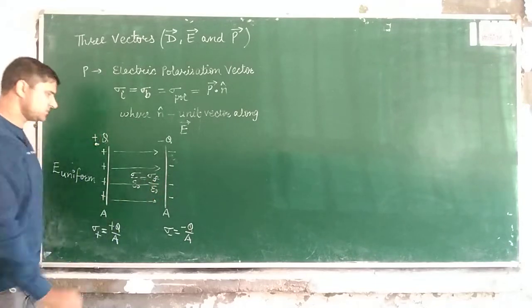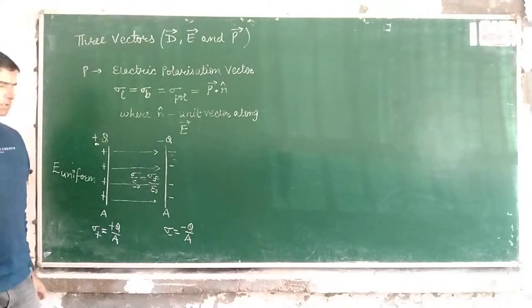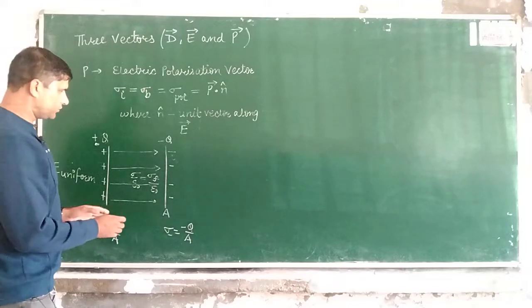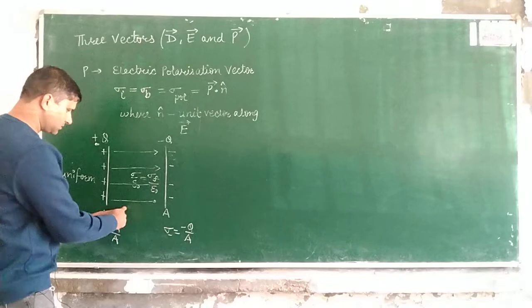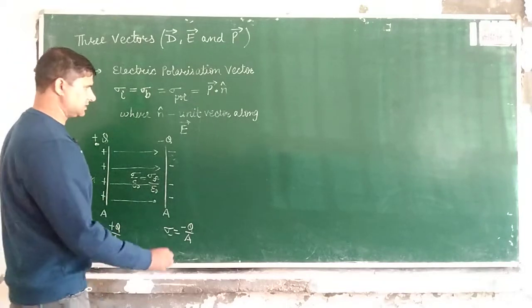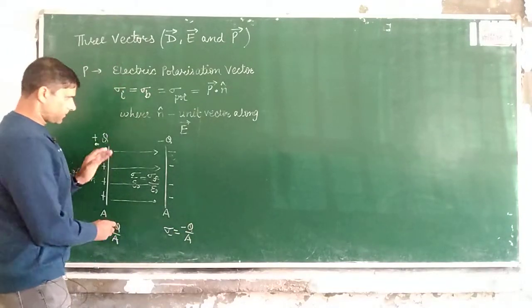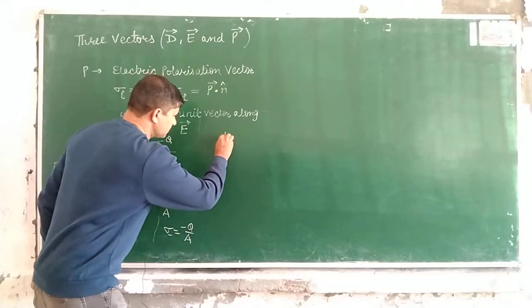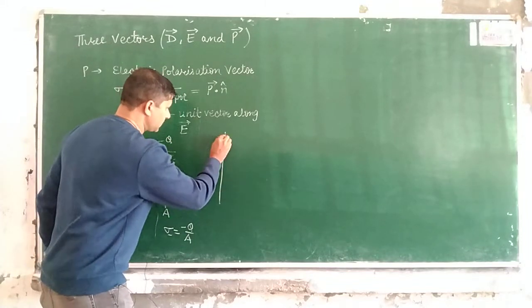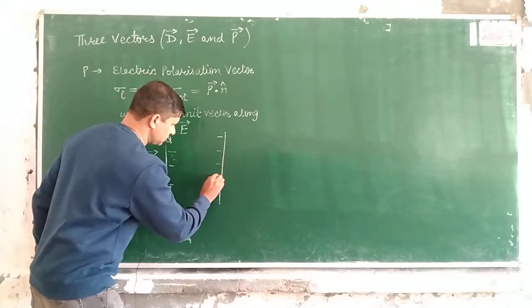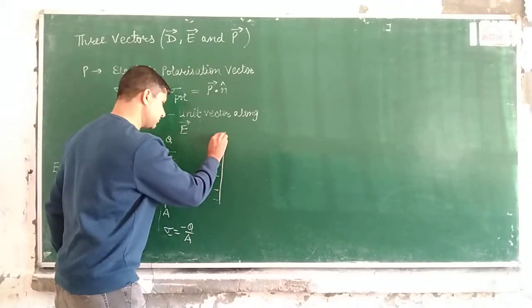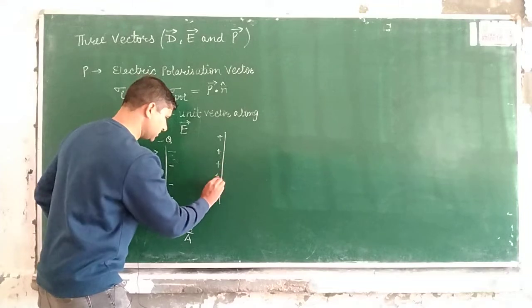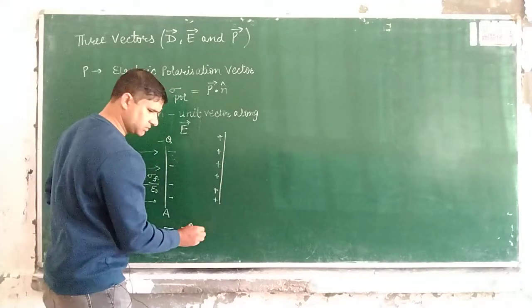Now I make another diagram in which we will put a dielectric in this space. Suppose here again we have negative charge on one plate and positive charge on the other plate, which is uniformly distributed.